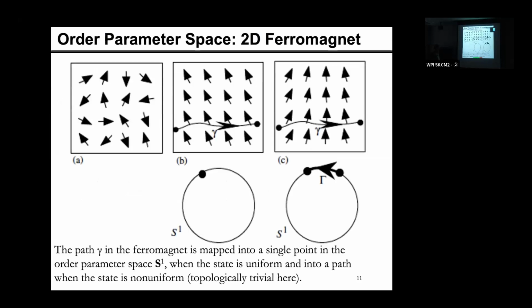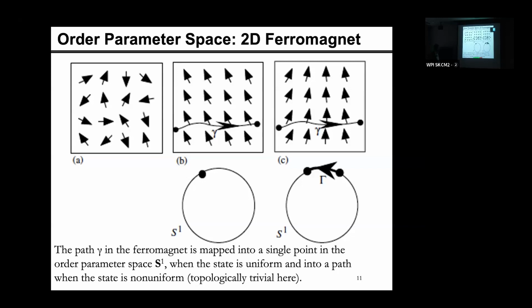So now let's imagine we have something more complicated. Well, first of all, you could have a disordered state. Then you cannot characterize it with the order parameter space because you don't have much order. But if you have these ordered configurations depicted in here, you can see in one case, in 2D, right, you will have just one point.